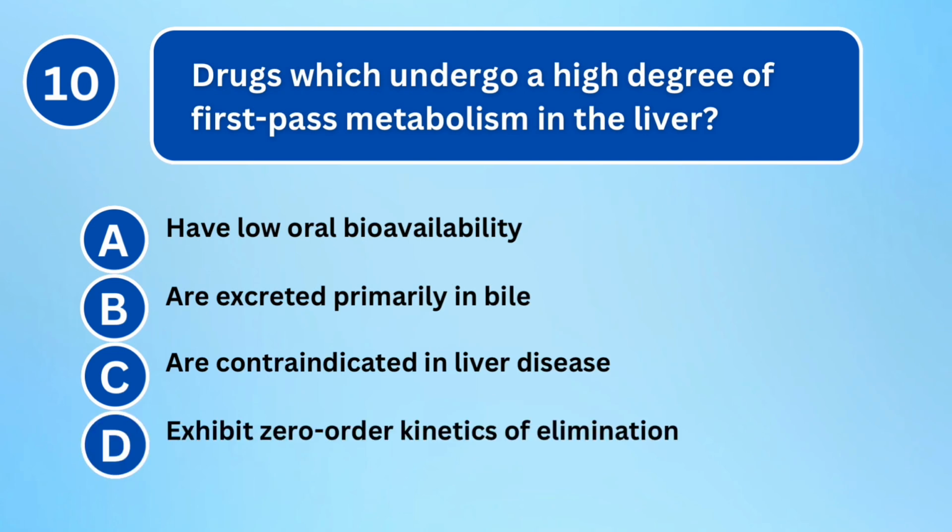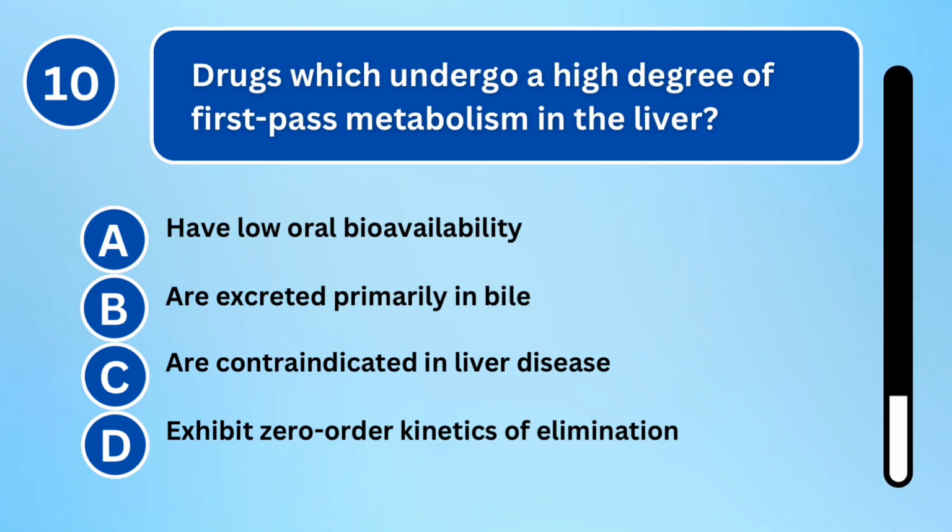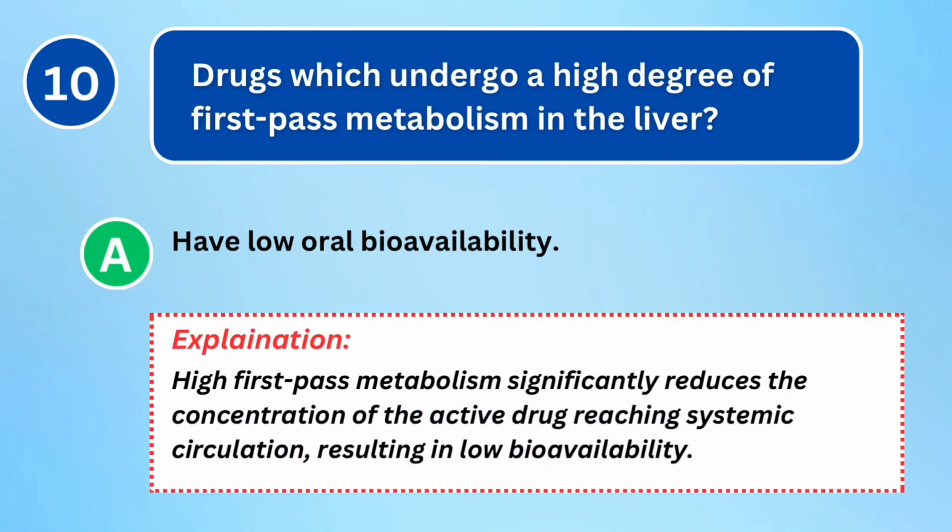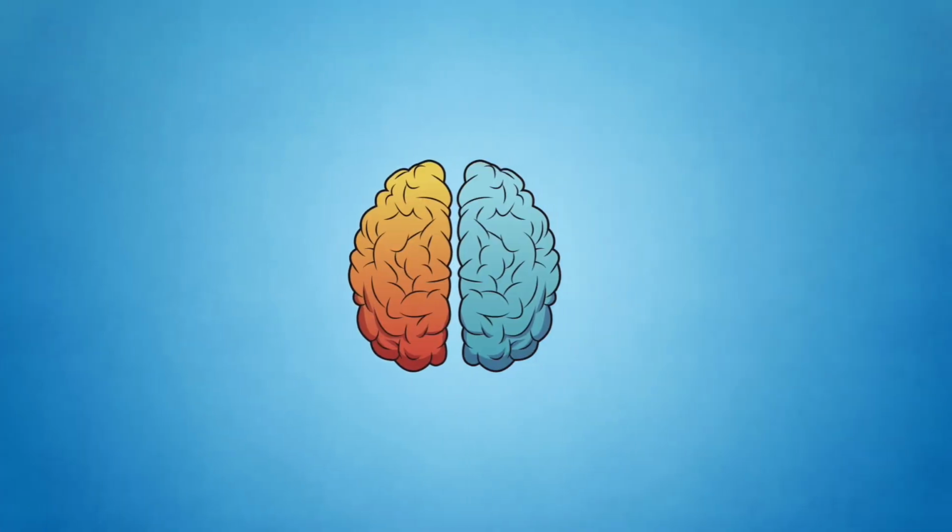A. Have low oral bioavailability. B. Are excreted primarily in bile. C. Are contraindicated in liver disease. D. Exhibit zero-order kinetics of elimination. Correct answer, A. Have low oral bioavailability.